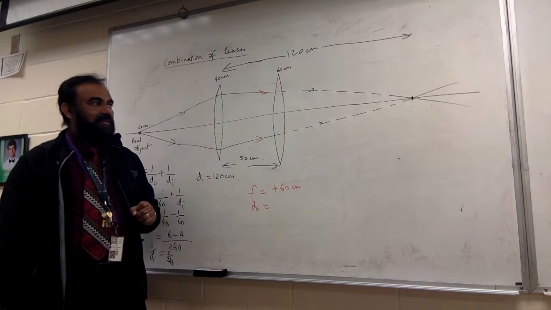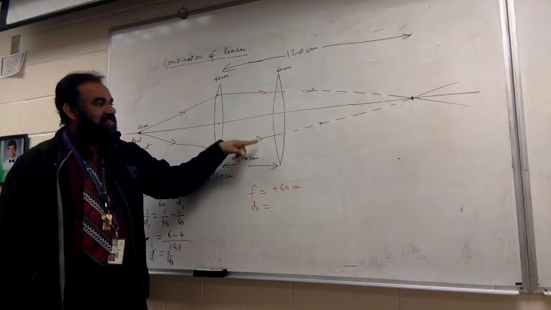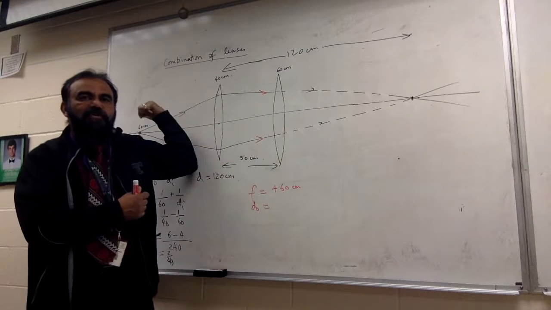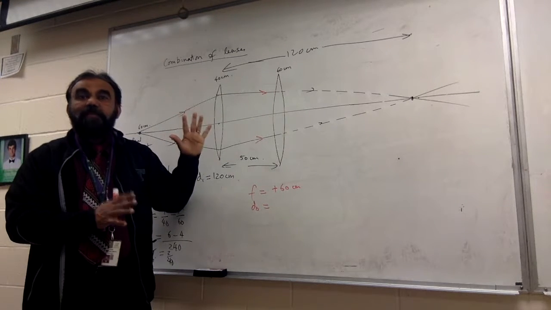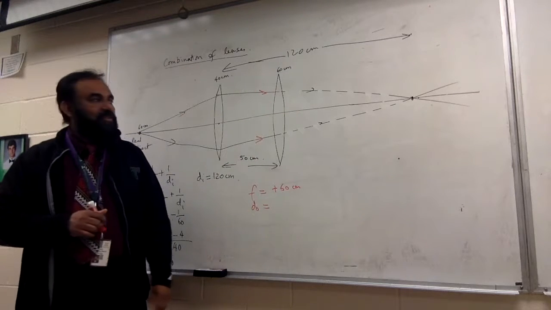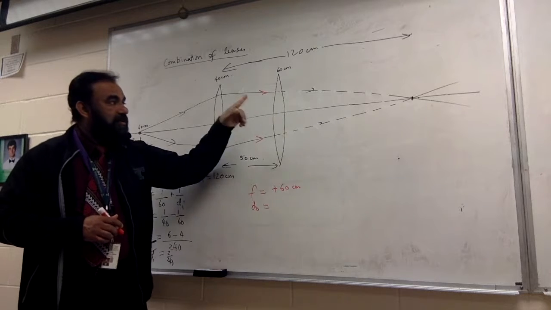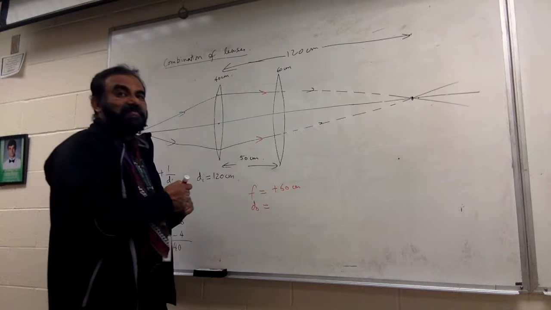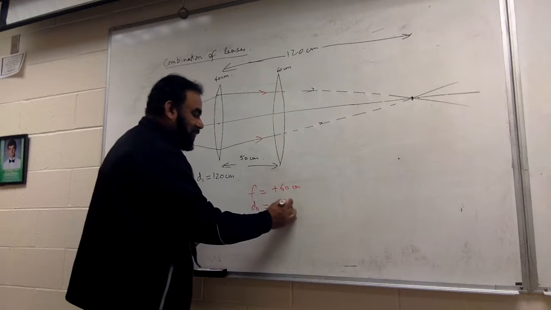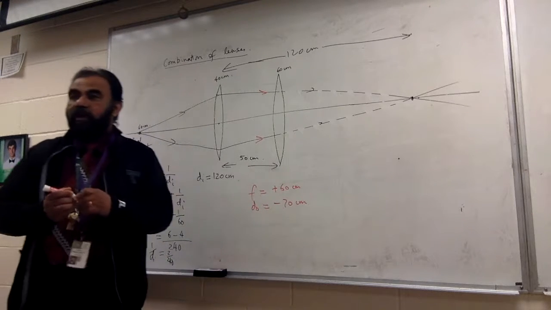These are rays coming onto this lens, and they are definitely not coming from a definite point on this side, but they appear to be hitting there. So what is the object distance for this lens? It is negative 70. Why?